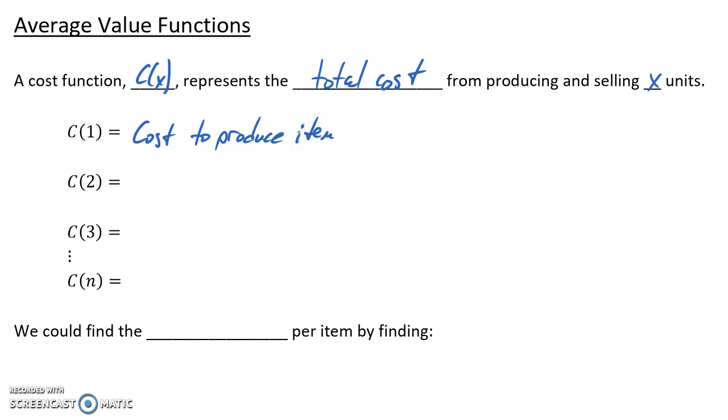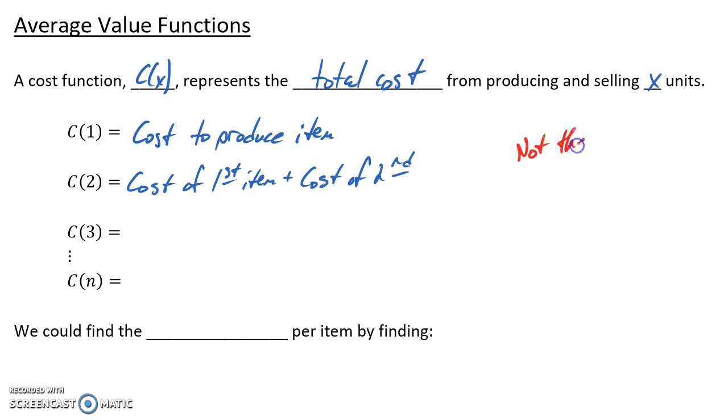If we evaluated C of 2, what that would tell us is the cost of the first item plus the cost of the second item, which is a little bit different than saying that C of 2 gives us the cost of just producing the second unit. So it's not the cost of just the second unit.